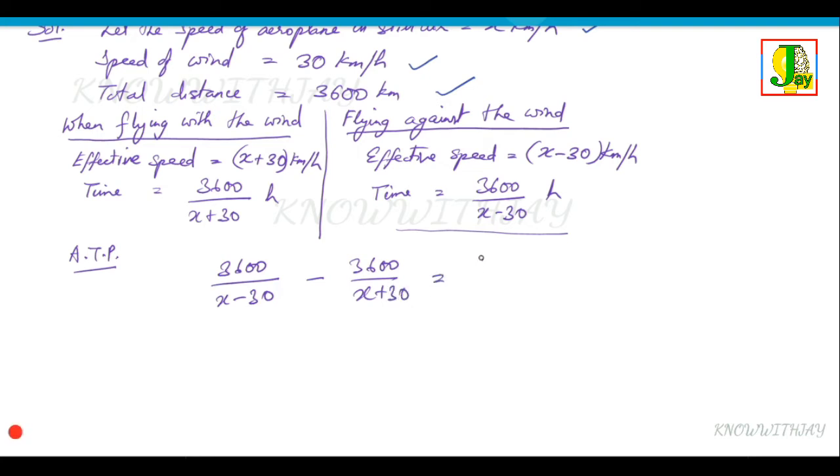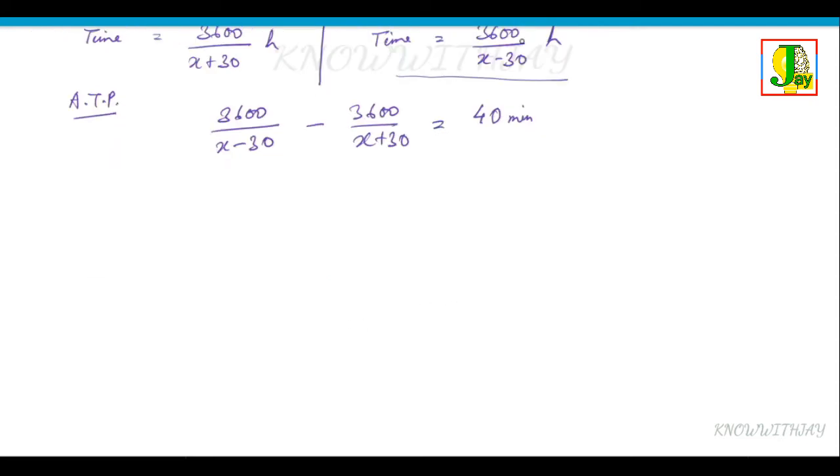It takes 40 minutes more. Since the speed is given in kilometers per hour, these times are in hours, and on the right hand side you need to convert it into hours. So it becomes 40 by 60, and you get 2 by 3 hours. So now you can write the quadratic equation.